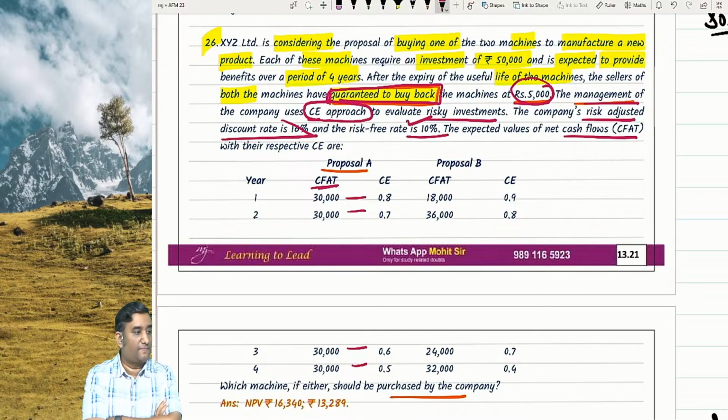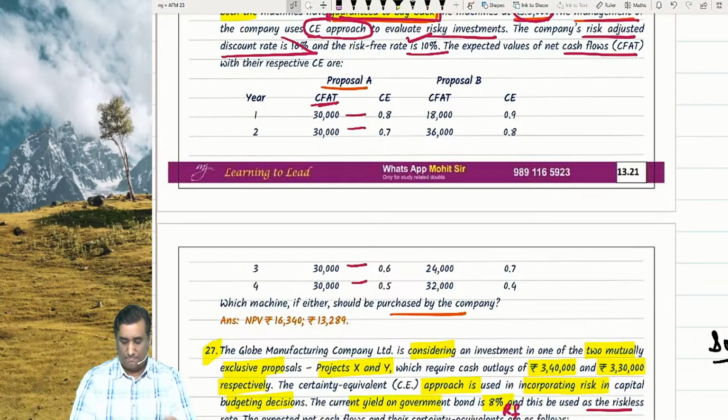Discount rate is 10%. Let me show you the answer.